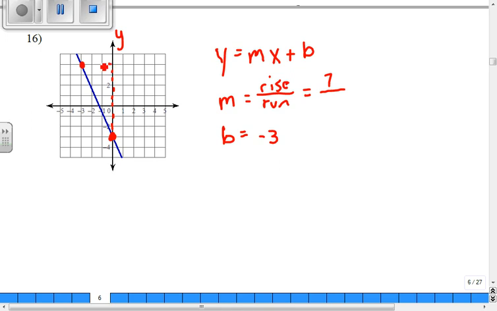My run is 1, 2, 3. It was going left. Now remember, left is negative, so it's over -3. So that means my slope-intercept form of the equation is y equals -7/3 x minus 3.